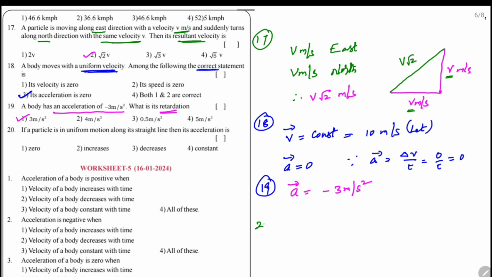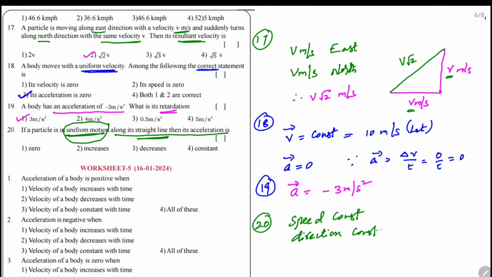Question number 20. If a particle is in uniform motion along a straight line, then its acceleration is dash. Uniform motion means speed is constant, and moving along a straight line means direction is constant.